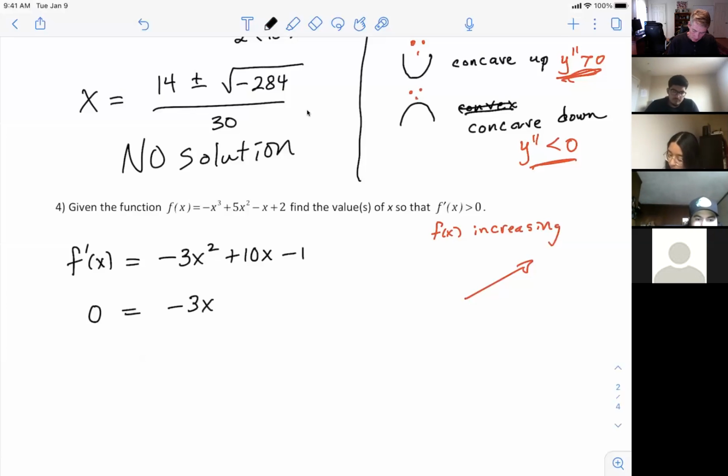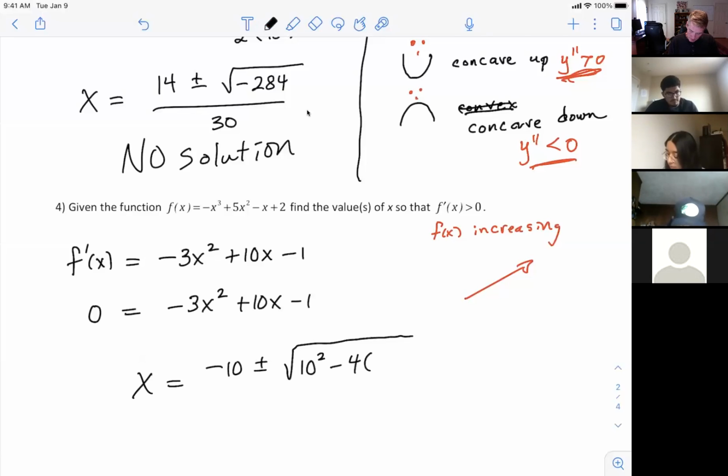And again, it's probably not going to factor, so use the old quadratic formula. So negative 10 plus or minus the square root of 10 squared minus 4 times the a, which is negative 3, and the c, which is negative 1, all divided by 2 times the a.